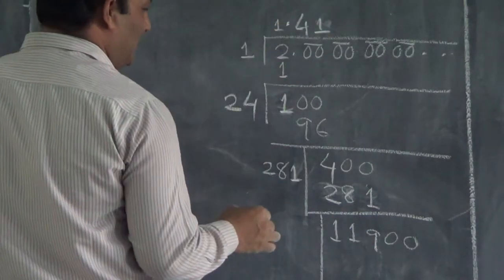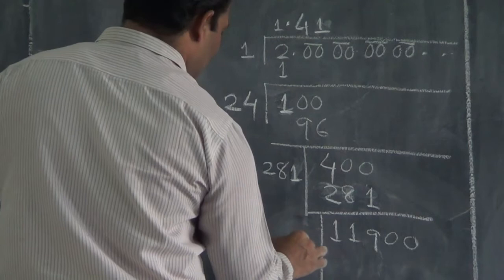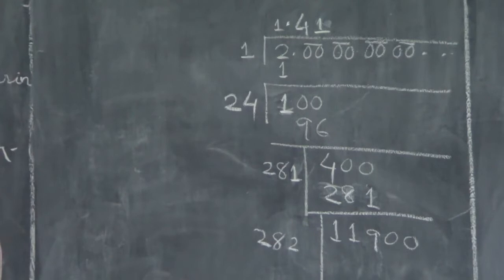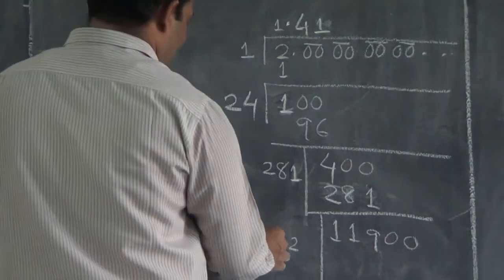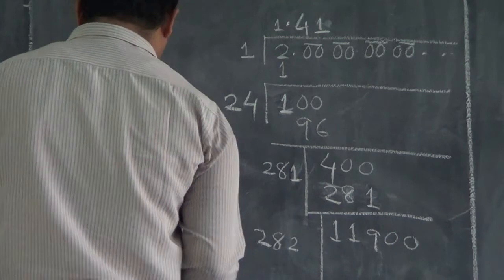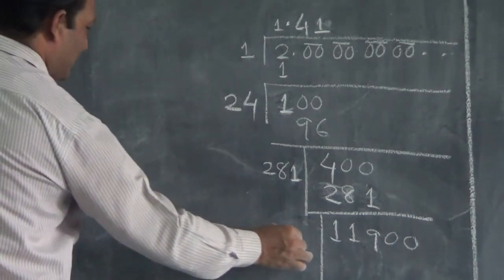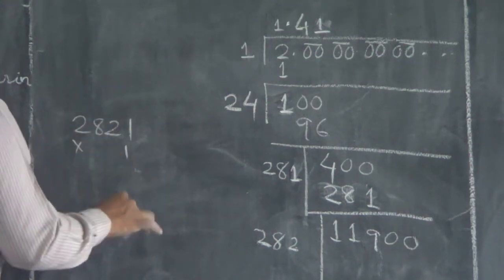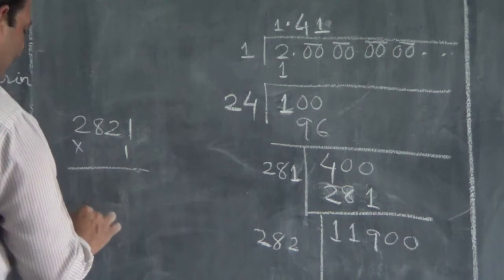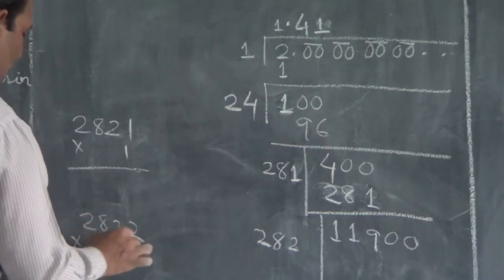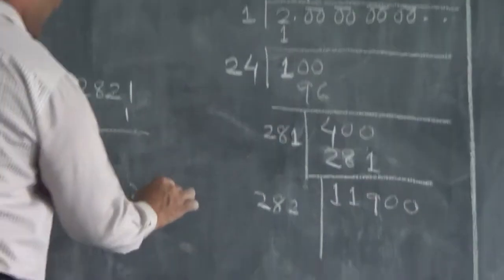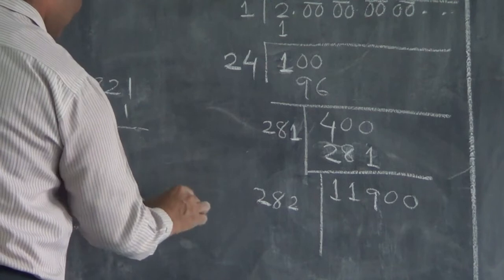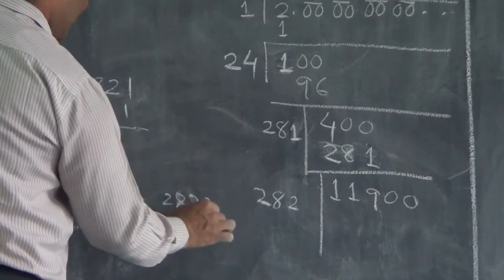Now 141 into 2 is 282. And now how many times will it go? You have to do trial and error, you see. How to do trial and error? 282 1 into 1, 282 2 into 2, 282 3 into 3.